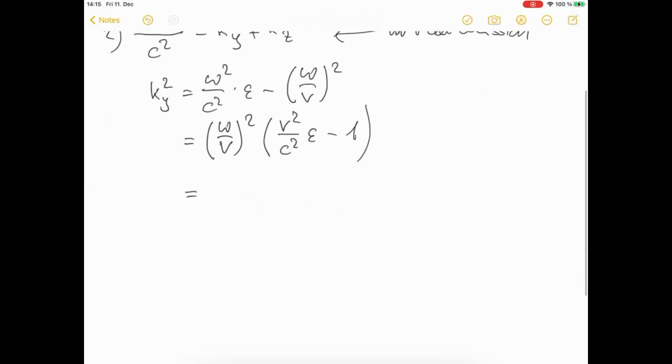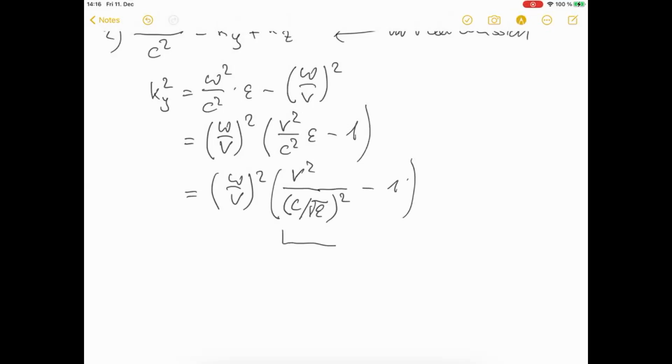You don't have to remember the tricks, but I'm nevertheless showing them. It becomes omega to the v squared, and now we absorb the epsilon in the speed of light in a convenient way. So we divide the v squared by c, which we again divide by square root epsilon minus 1.